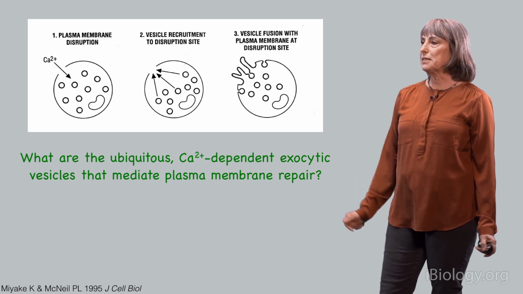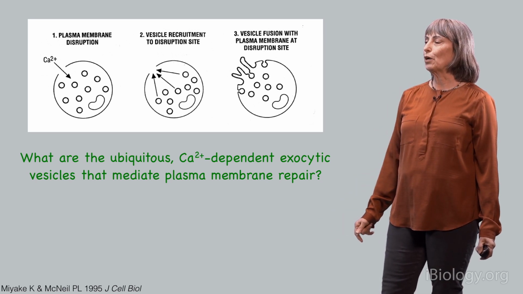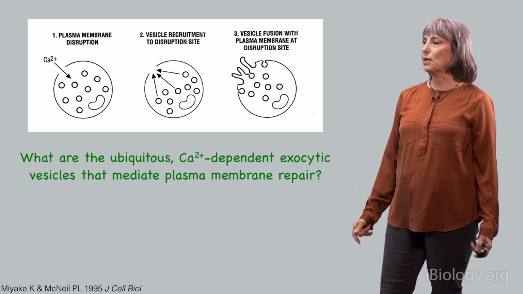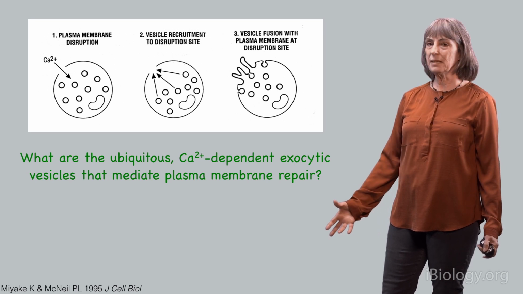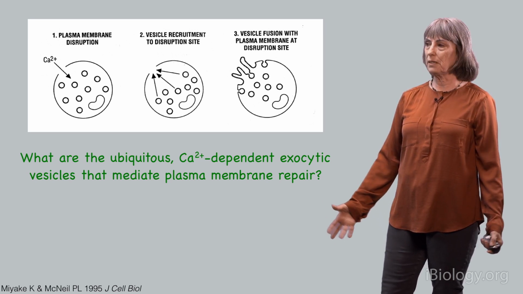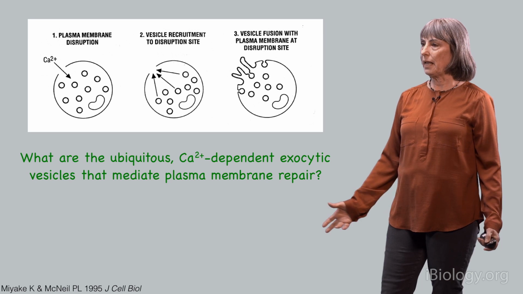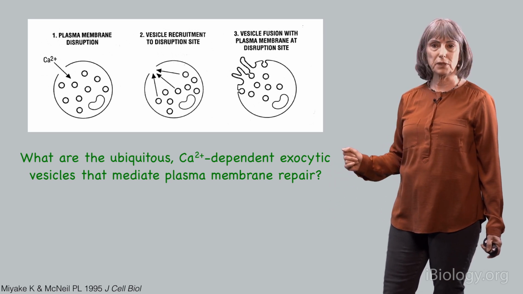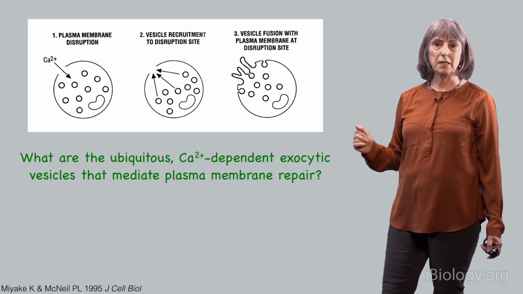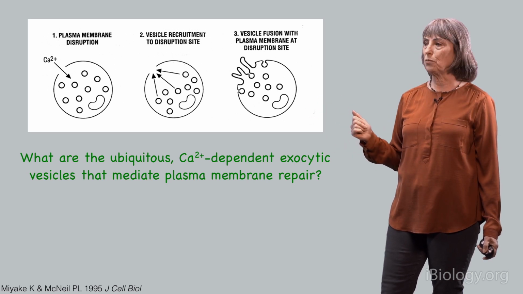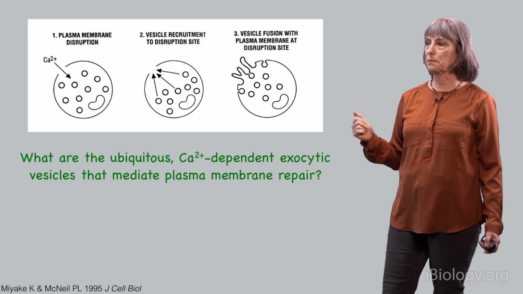So this is when we really got very interested in this process, because we were interested in the question, what is the nature of these vesicles that are present in most cell types and respond to calcium by fusing with the plasma membrane? So these vesicles would have to be present in every cell type, and they would have to rapidly respond to calcium influx.